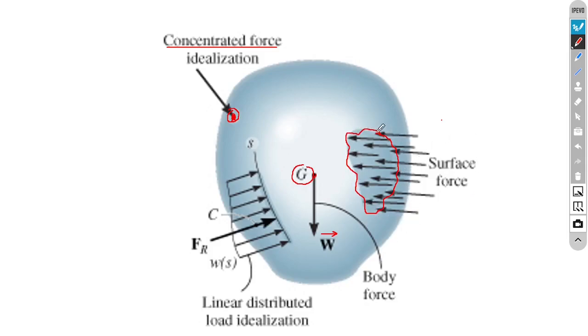In this example, for instance, we have a force system. It is applied by the surroundings thanks to the existence of a tool, and the surface of the tool, which is in contact with the surface of the object, is not negligible.